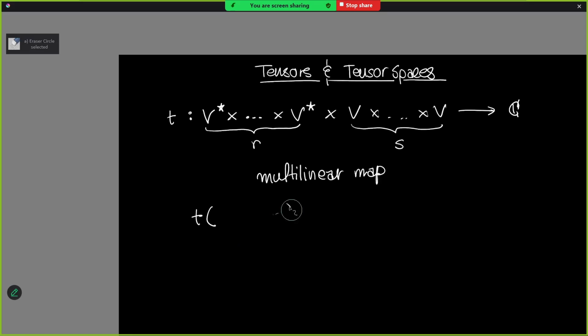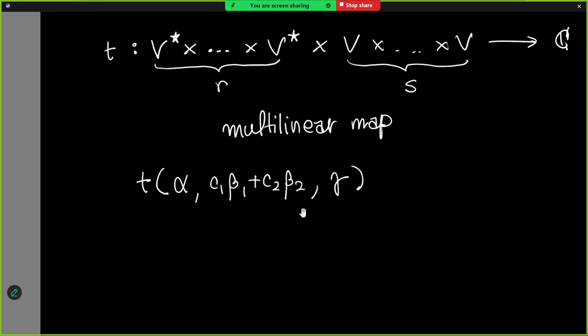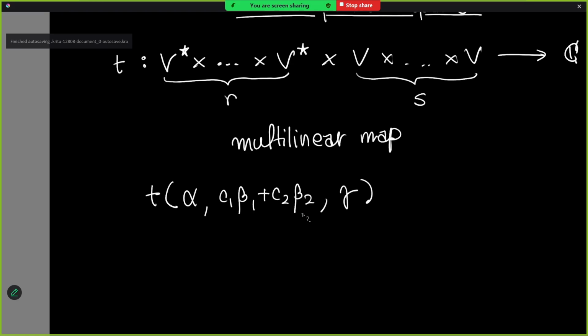So that kind of looks like this: T of alpha, let's say c1 beta 1 plus c2 beta 2, gamma. Let's say that this is a tensor that takes 3 inputs.